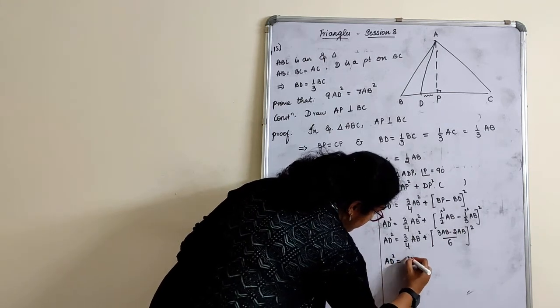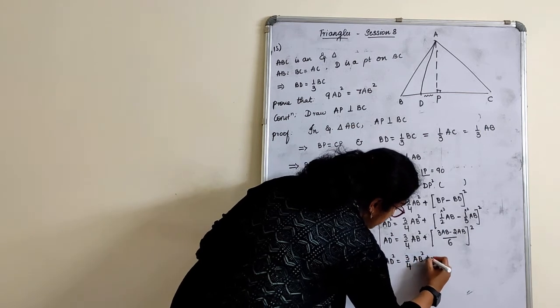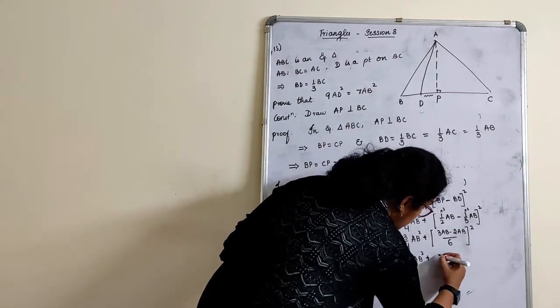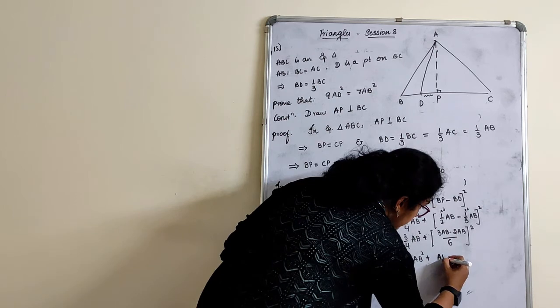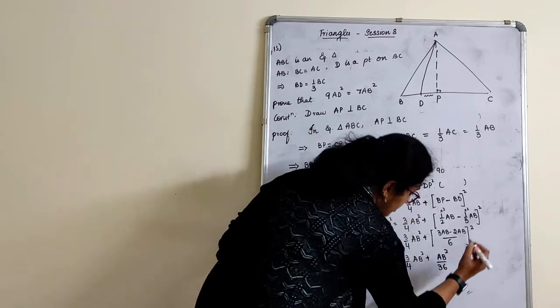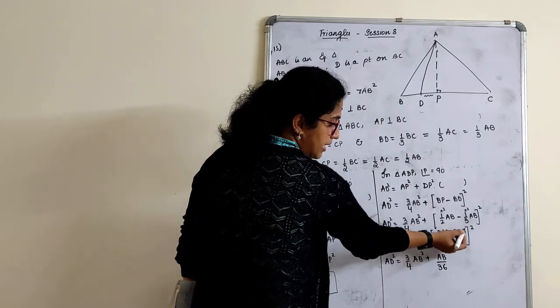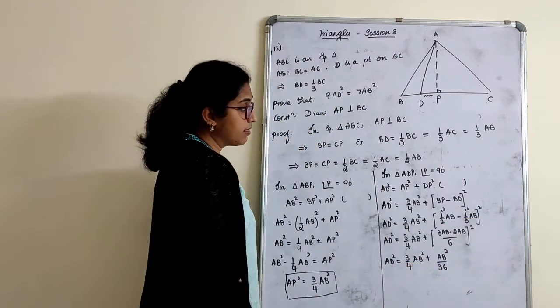AD square is equal to 3/4 AB square plus 3 minus 2 is 1. So this is AB square upon 36. Very clear? AB whole square was there here. So AB square upon 6 square is 36.